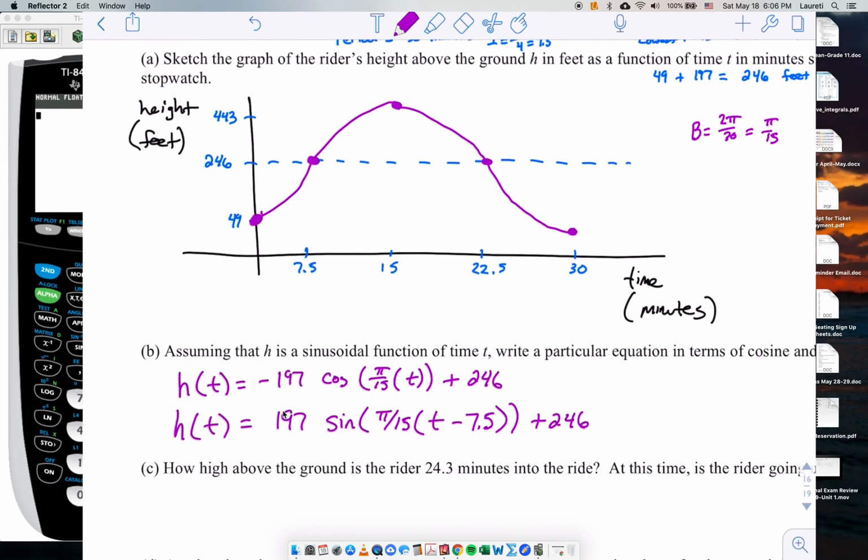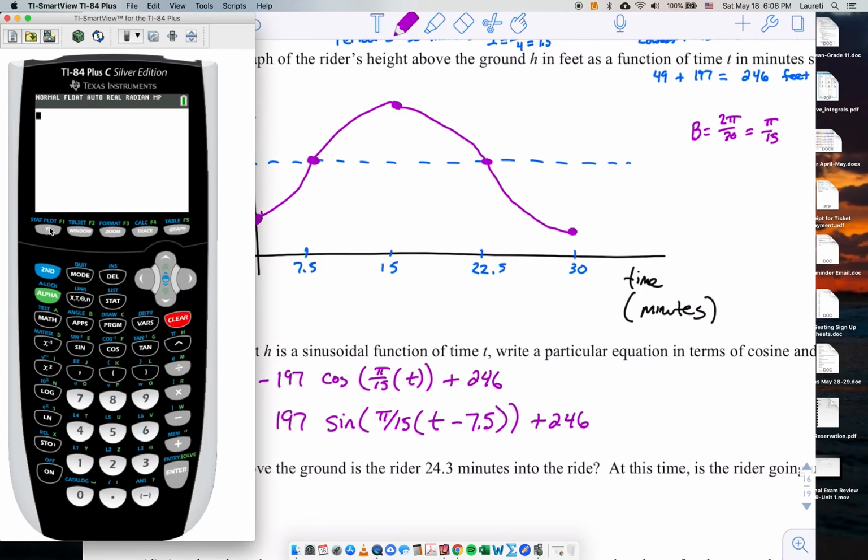Okay, so what I would do is I would put one of these into your calculator. All right, that's what I'm going to do. So negative 197, and make sure your calculator is in radians. If not, you're going to get something that you shouldn't. Pi over 15 x plus 246.